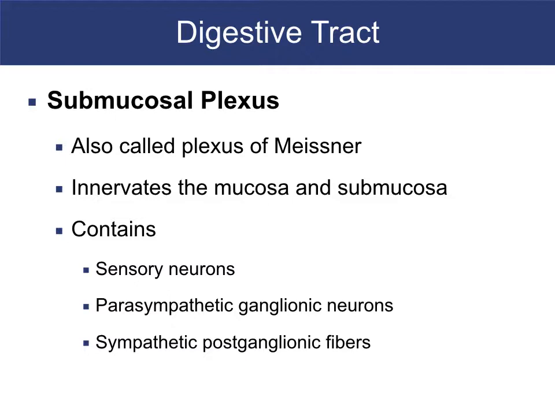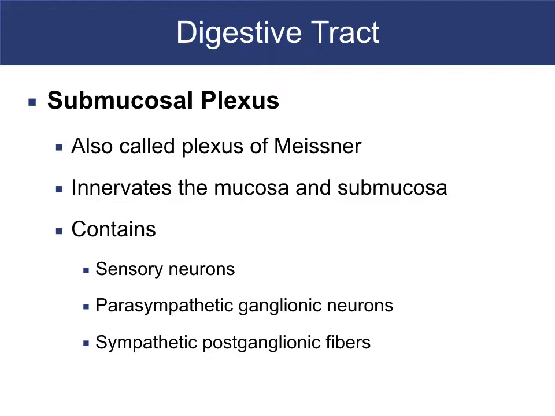Where do the sympathetic postganglionic fibers come from? Remember that? From the sympathetic chain ganglion, that's right. Remember, the parasympathetic have the long fibers that go all the way to the organs themselves. The sympathetics have short presynaptic fibers that go right to the sympathetic chain ganglion alongside the spinal cord, and then they send out the long fibers down there.